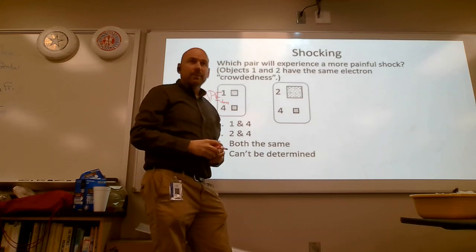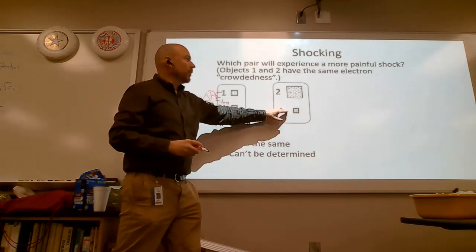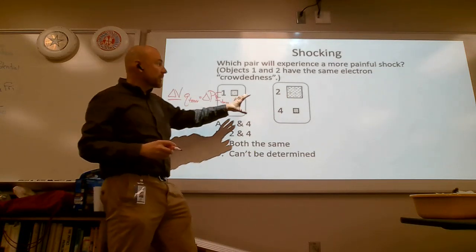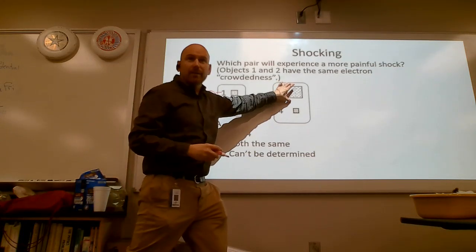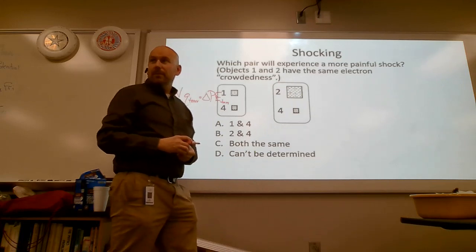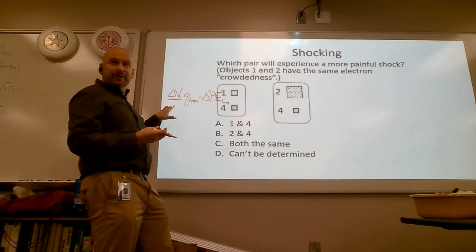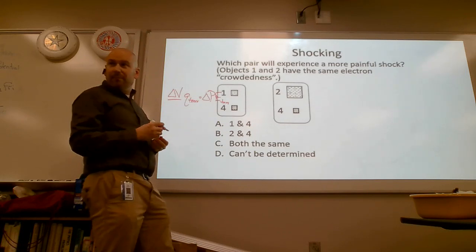Does that make sense? So this shock is going to hurt more because more electrons are actually transferred because there's more room to spread out here. Even though their electric potential difference was the same. You ready with that?